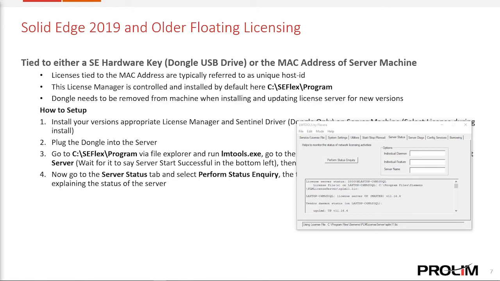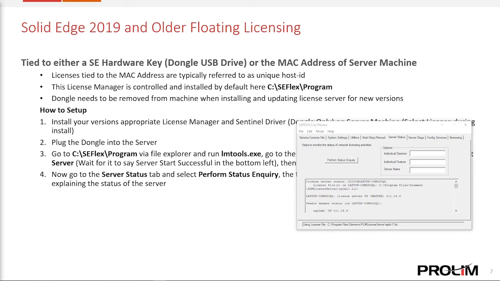So the CID doesn't match, the MAC address doesn't match, or the dongle isn't plugged in. That's my first instinct on why the vendor daemon would be down, so I like to verify that first. But what that means is that the license server cannot distribute licenses. So when we know it's up and on, we know that it can distribute licenses as long as a client can point to it.